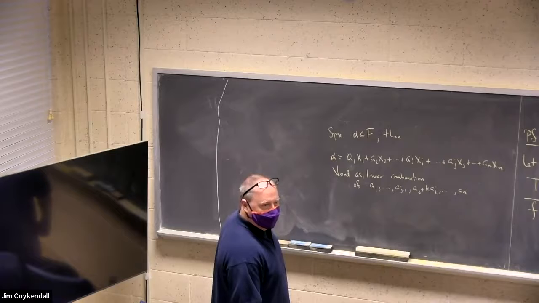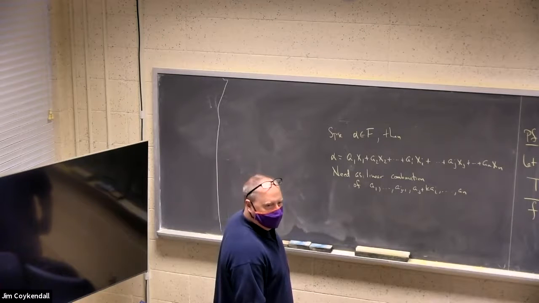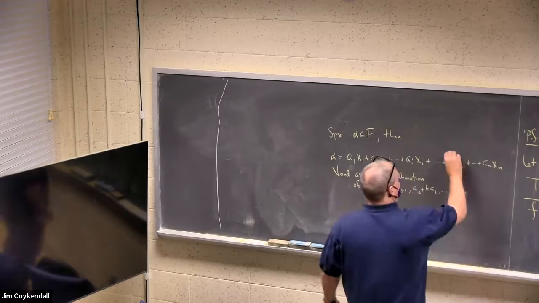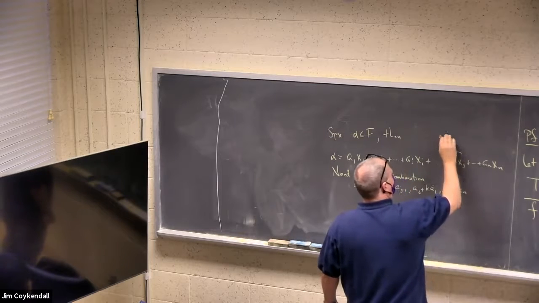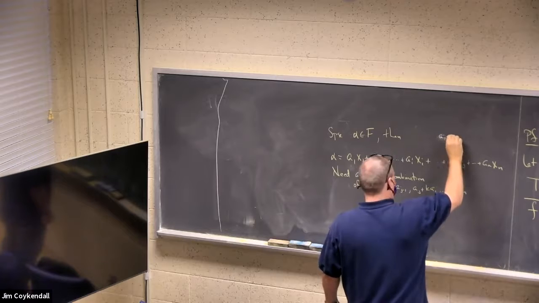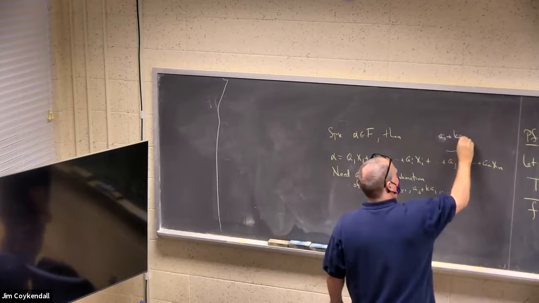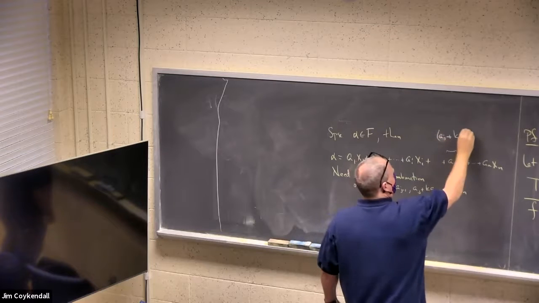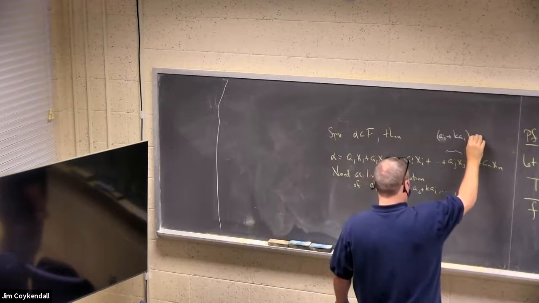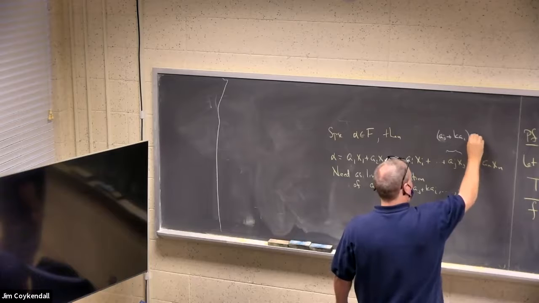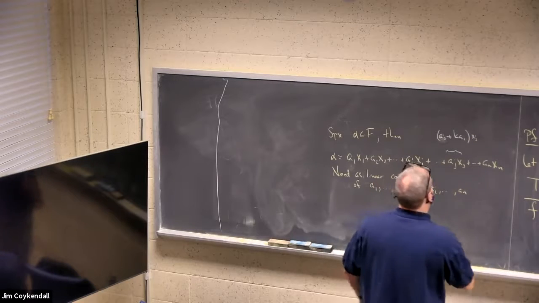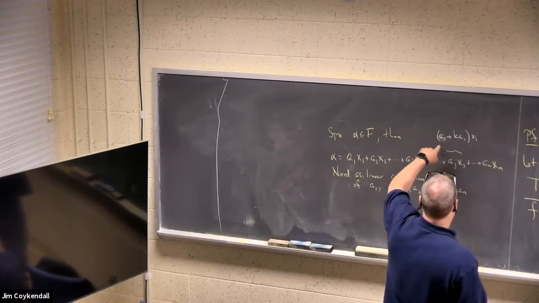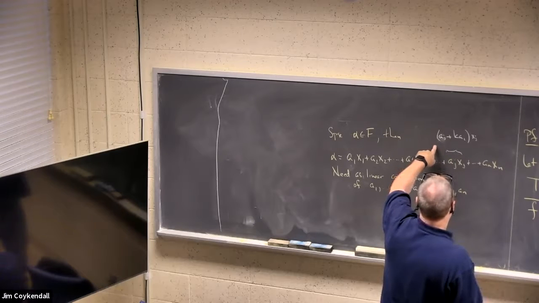Let's see how to do it. So what I need is to replace this by Aj plus what, k Ai? Somehow I need this guy here, so I'm going to need Aj.